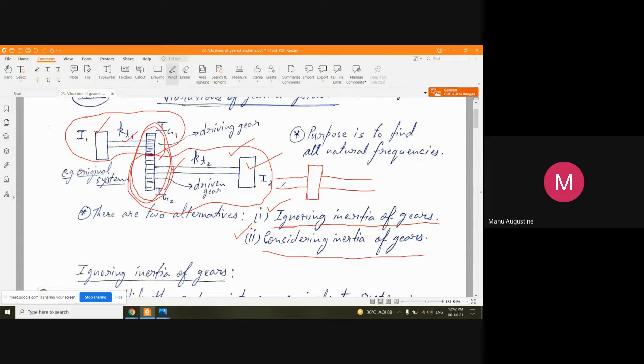So the left side part of this central rotor becomes the driving side. The right side of this rotor becomes the driven side. So you have equivalents for this, for this, and for this. These all will be having equivalent things, and this part will be retained as it is.